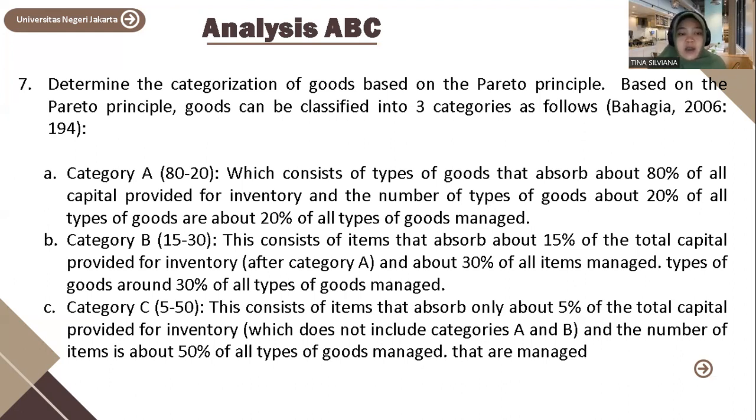Category C, 5 to 50. This consists of items that absorb only about 5% of the total capital provided for inventory, which doesn't include categories A and B, and the number of items is about 50% of all types of goods managed.